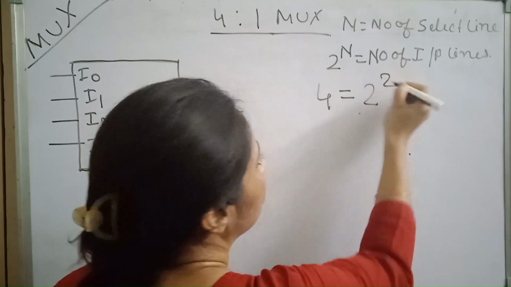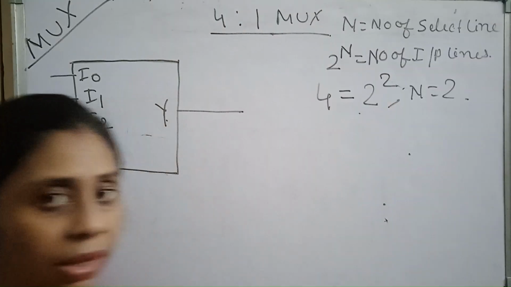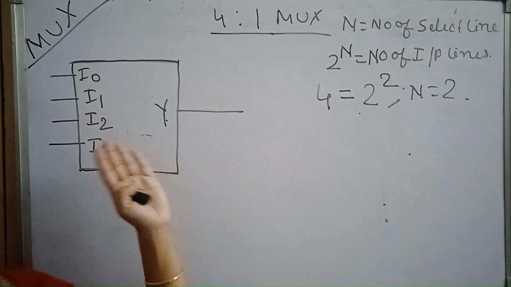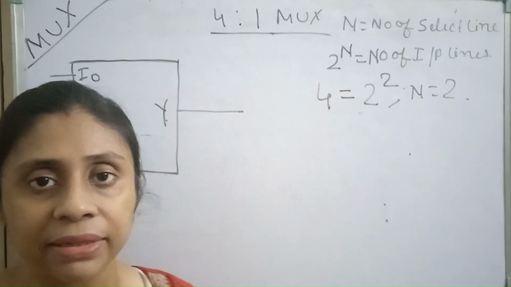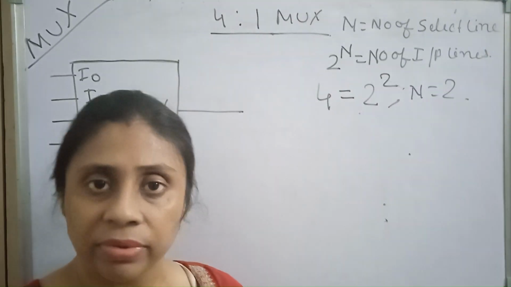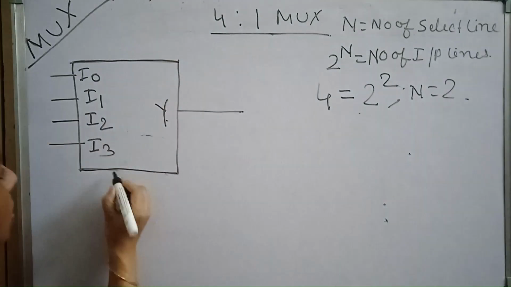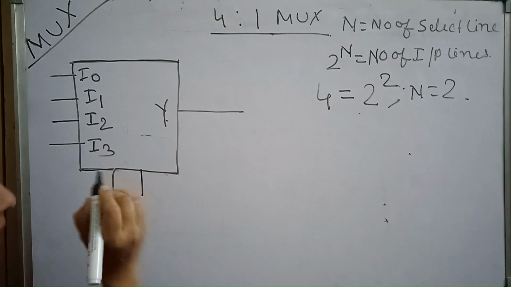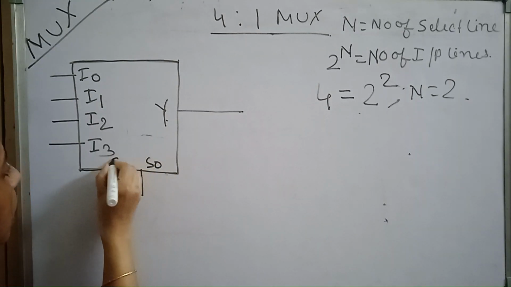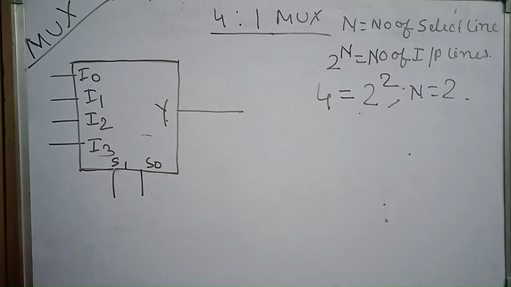Obviously 2. Right? 2 to the power of 2 is equal to 4. So in case of a 4:1 multiplexer, the number of select lines should be 2, as the number of input lines is 4. So there are 2 select lines, S0 and S1.